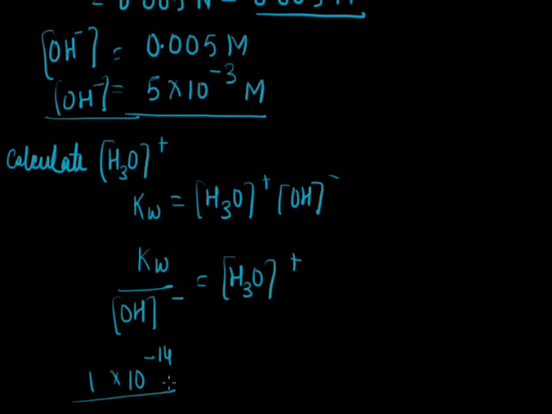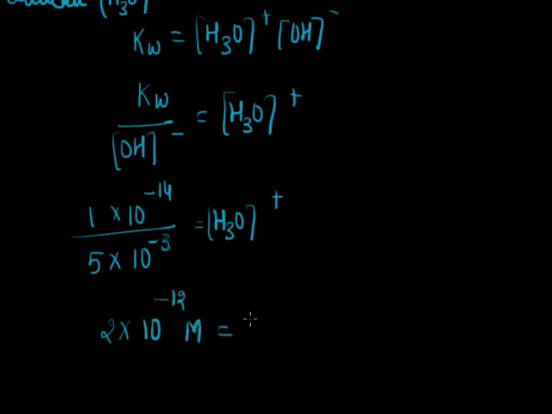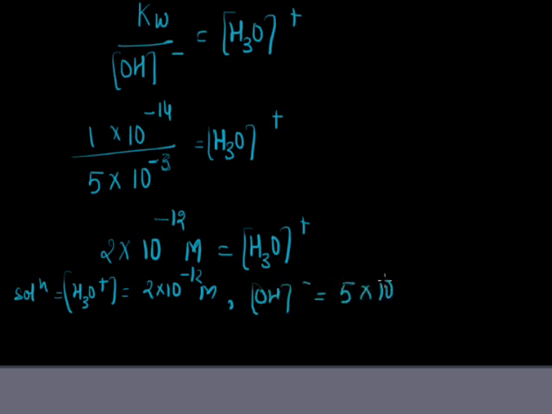So 1 into 10 to the power minus 14 divided by 5 into 10 to the power minus 3. When we solve this relation, we get 2 into 10 to the power minus 12 M as the concentration of H3O plus. This is the solution: H3O plus ions is equal to 2 into 10 to the power minus 12 M, and OH minus ion concentration is 5 into 10 to the power minus 3 M.